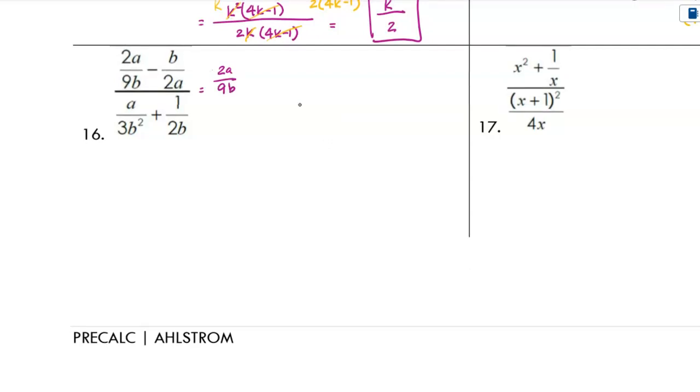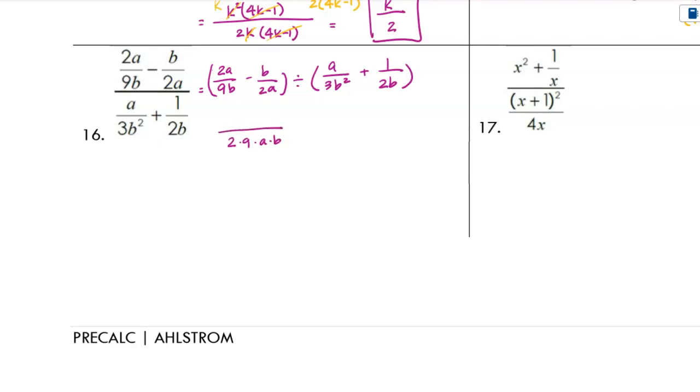Next, let's write this horizontally. 2a over 9b minus b over 2a divided by a over 3b squared plus 1 over 2b. Okay, let's find the common denominator of these two fractions. So we have a 2 times 9 times a times b.